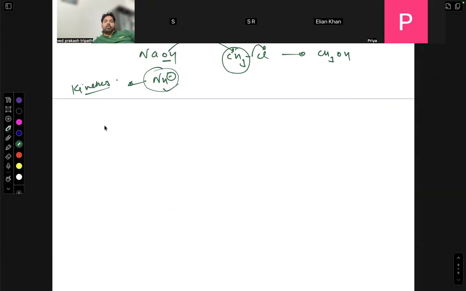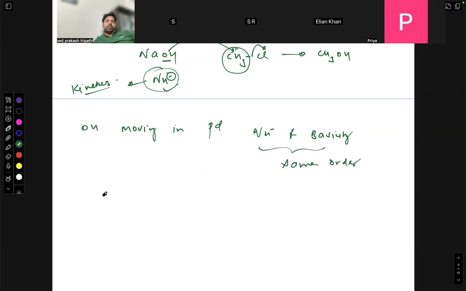So whenever you are moving in a period, nucleophilicity and basicity have the same order. Same order. For example, CH3 minus, NH2 minus, OH minus and F minus.